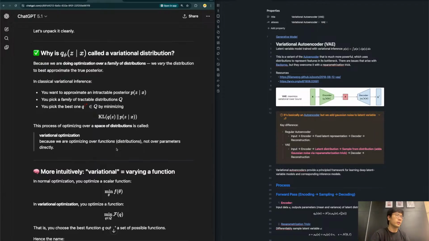You're doing variational because you're optimizing over distributions as opposed to parameters directly. Like Z is also sampled from some distribution.